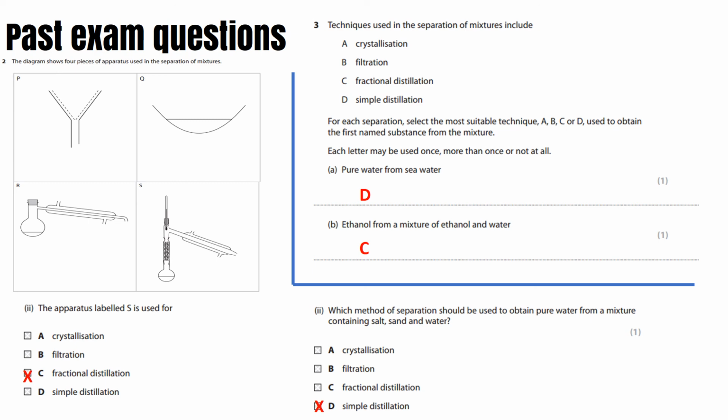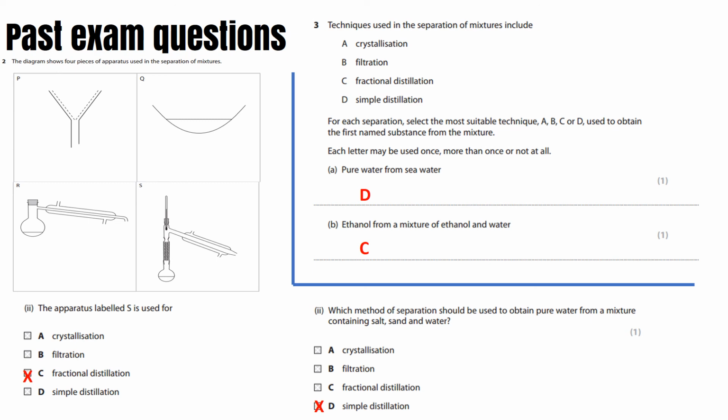Right. It's not going to be P or Q because we haven't really come across that today. I suppose Q, you could say we've got some liquid sort of evaporating somewhere. P, it looks like some sort of filtration thing, but we haven't been covering it today. But the bottom 2, R and S, look very familiar. So they're going to be either simple or fractional.